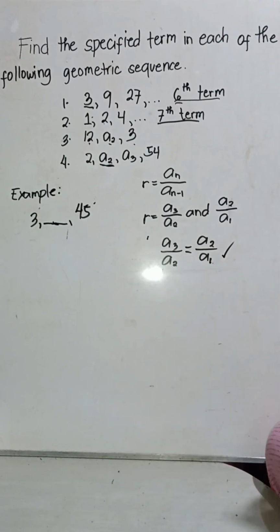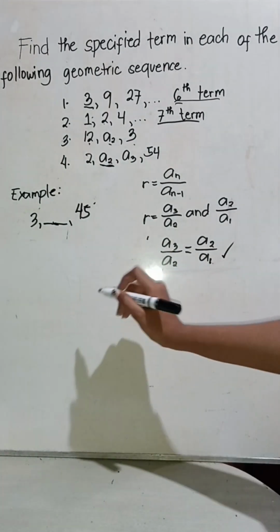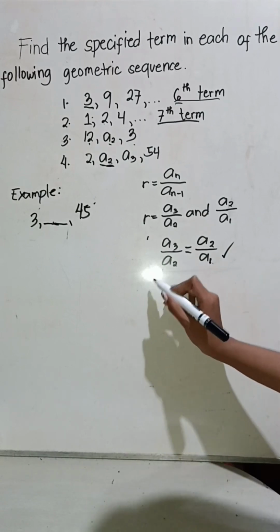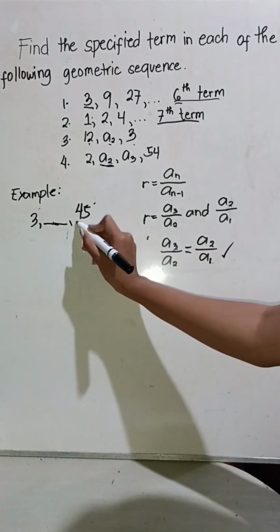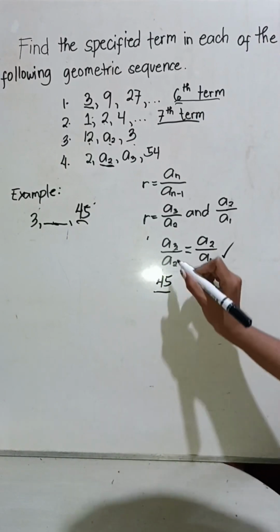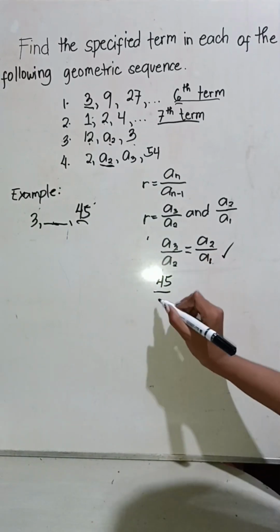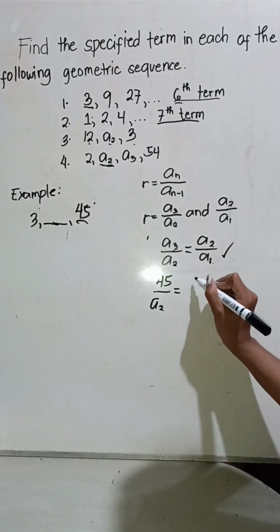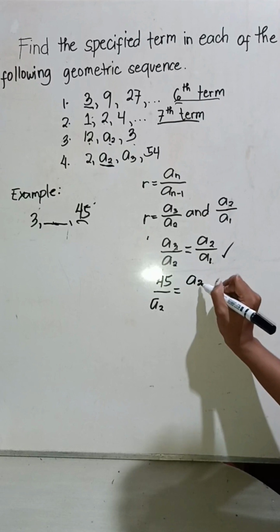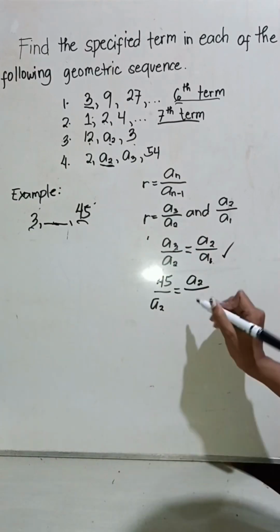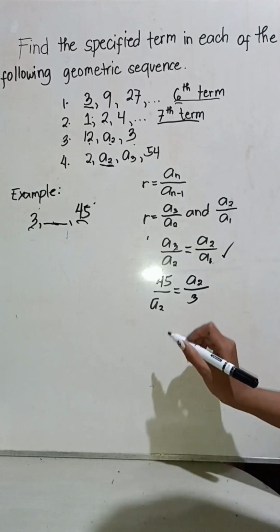We have atong a sub 3 which is 45 over atong a sub 2 kay mao'y pangitaon, is equals to a sub 2 over atong a sub 1 is ang 3.